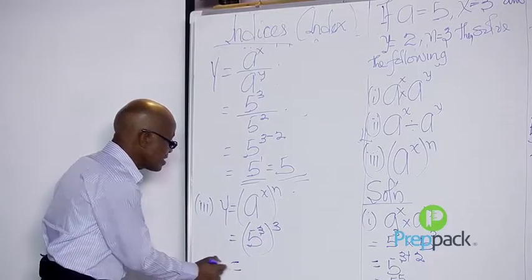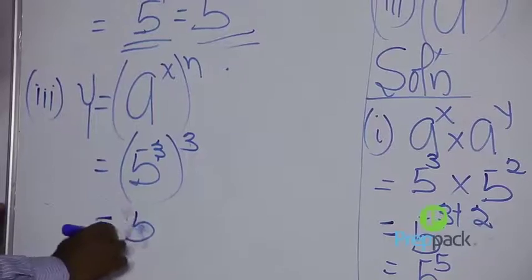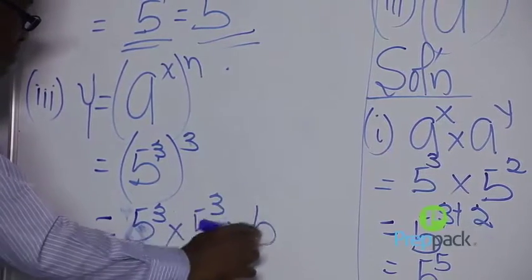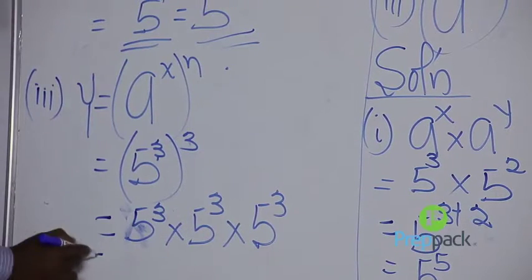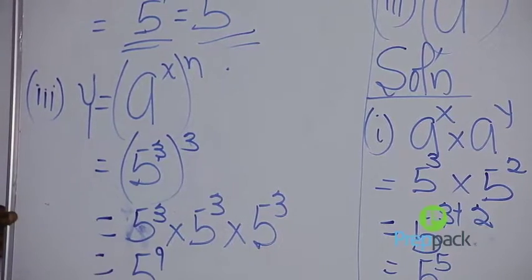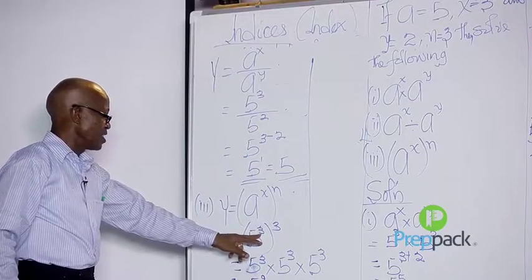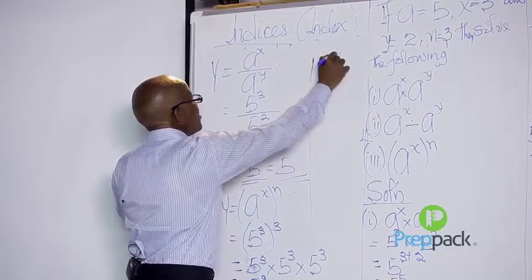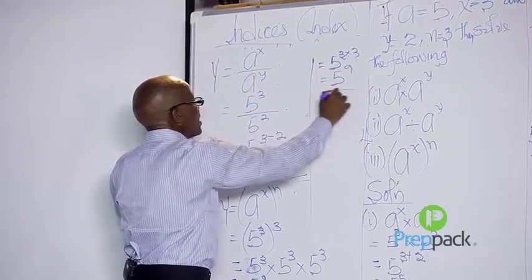We can apply the first law to this by saying that 5 raised to power 3, multiplying 5 raised to power 3, multiplying 5 raised to power 3. This is the first law, and so this becomes 5 raised to power 3 plus 3 plus 3, that's raised to 9. But applying the law strictly, we have 3 multiplying 3, which also gives us 5 raised to power 3 times 3, which is 5 raised to 9.